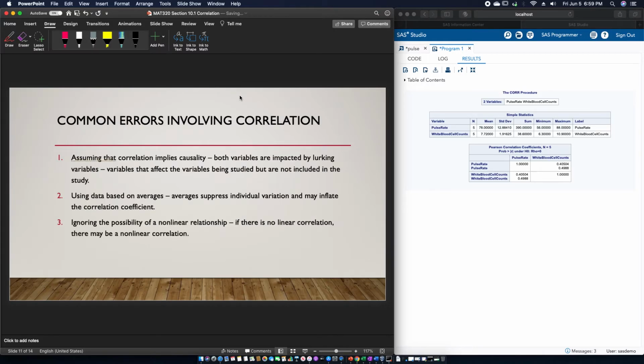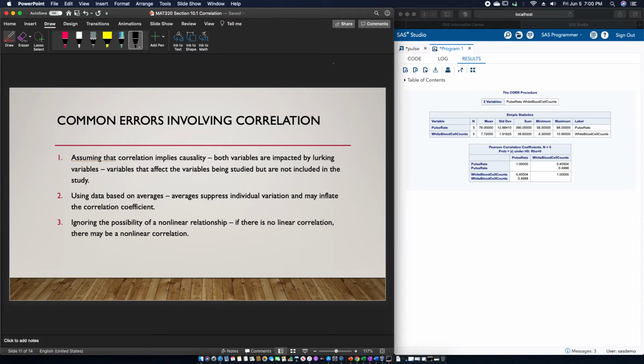A couple of common errors involving the correlation is assuming that correlation implies causation. Just like before, the phrase would be association does not imply causation. That's the same thing here. Correlation does not imply causation. When you assume that the correlation implies causation, both variables are impacted by lurking variables, meaning variables that affect the variables being studied, but are not included in the study.